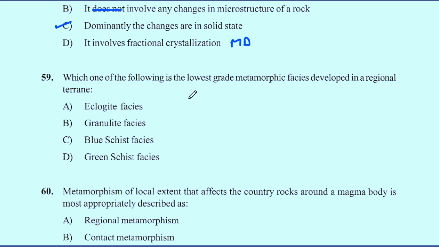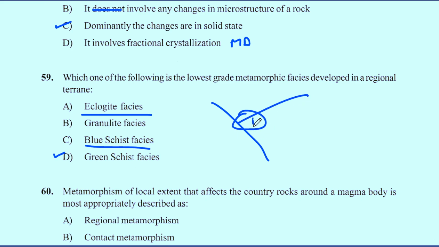Which one of the following is the lowest grade facies developed in a regional terrain? The lowest one is always this one, greenschist facies. Blueschist and eclogite are formed at subduction zones.